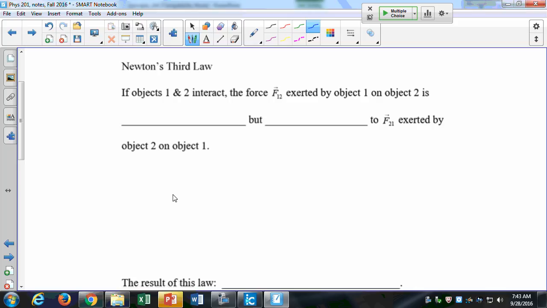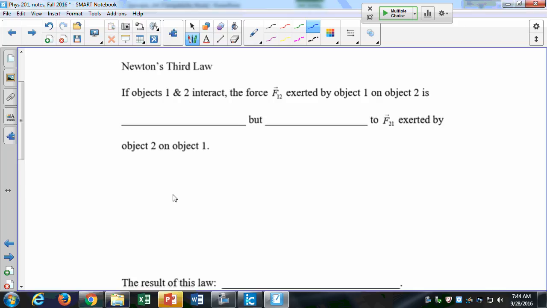So an object with a lot of inertia doesn't move very easily. An object with not very much inertia moves more easily. So it's difficult to move this disk because it has a lot of mass. It's difficult to move for other reasons too. But if you just had it out in space, it would be difficult to move just because it has a lot of mass. But it's difficult to move something smaller, like an ant or whatever, because it has a small amount of mass.